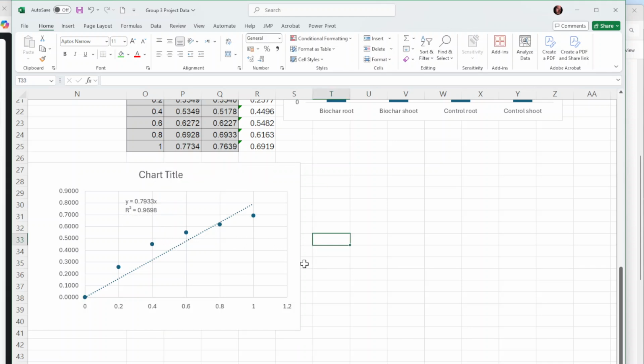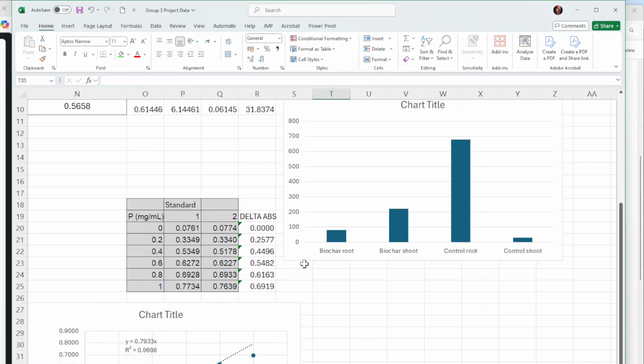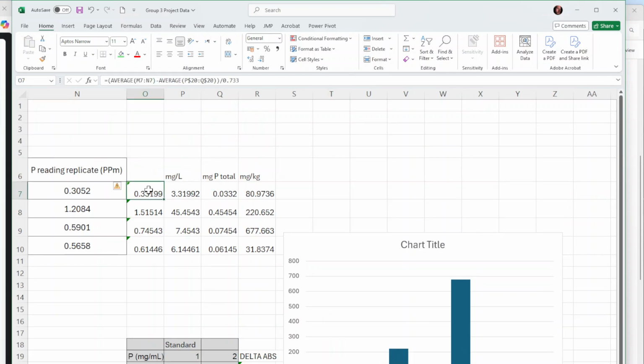So you need to use this extinction coefficient to calculate your concentration, and then from this concentration you will move through the dilution and calculate how much is the concentration per dry weight of the plant. And that can be given either in milligrams per kilogram of dry weight or in percentage.